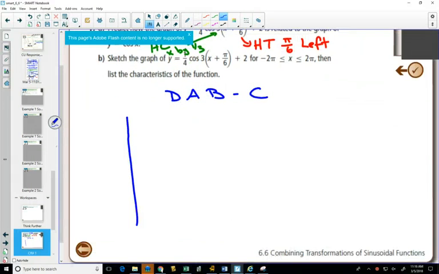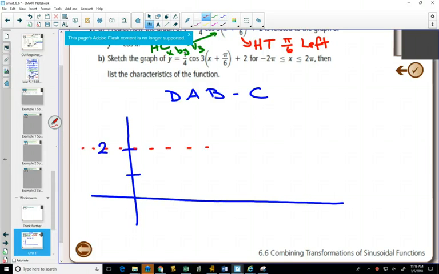When drawing my axes here, I'm going to draw it so that it's a little bit lower because I can already see that my center line is at 2. So I'm going to draw a dotted line at 2, label it y equals 2. That's my center line. My amplitude is 1/4.